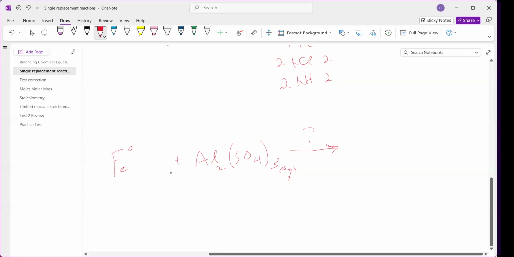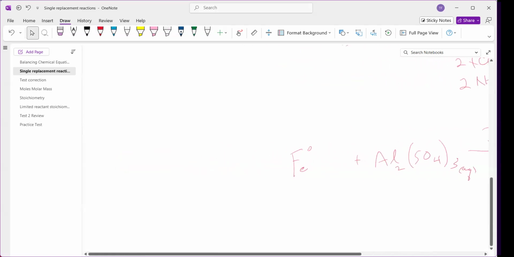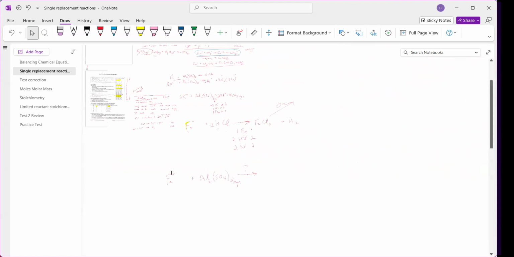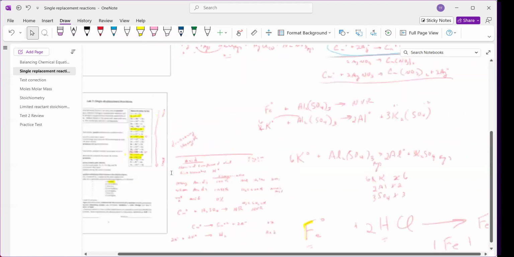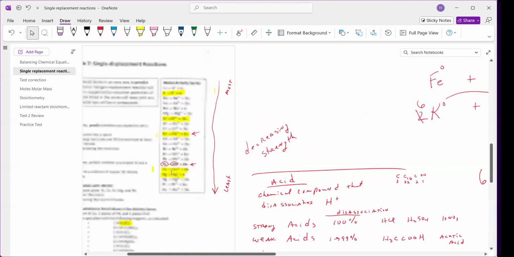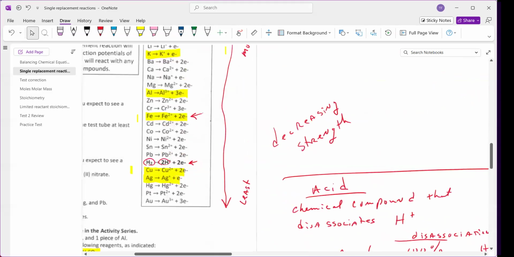So is that going to happen? Okay, so we need to find the two metals on the reactivity chart. So we're going to have iron here and aluminum.